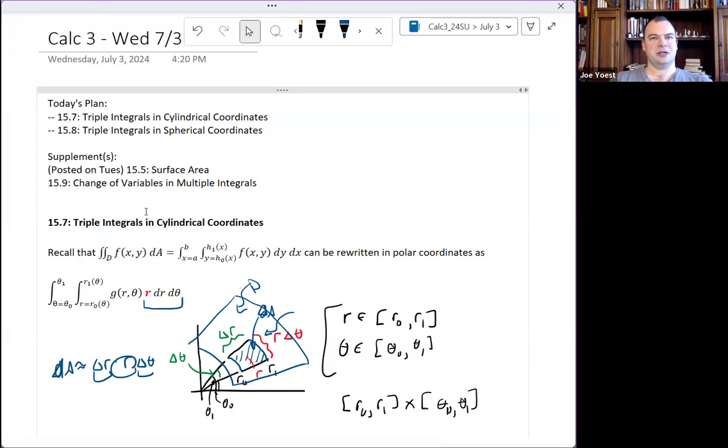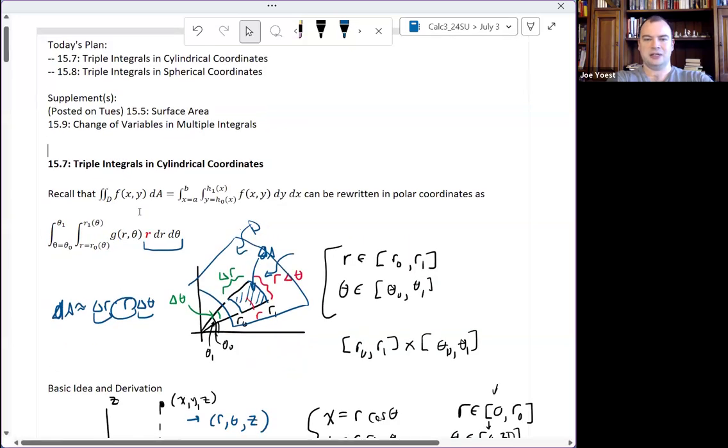But in another sense, there are just some little technical details to really keep in mind and be careful about. But if you view it from the standpoint of polar coordinates, that helps a lot. That helps to remember the formulas as well and to see where things come from, like particularly the rho squared sine phi seems to come out of nowhere. But if you see that it's just r times rho, that makes a little more sense.